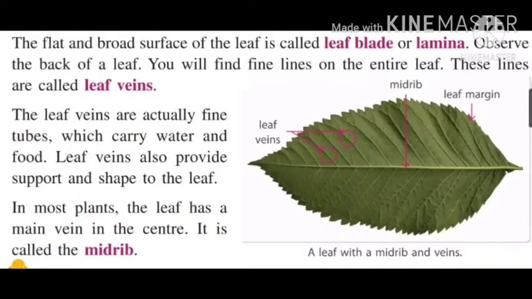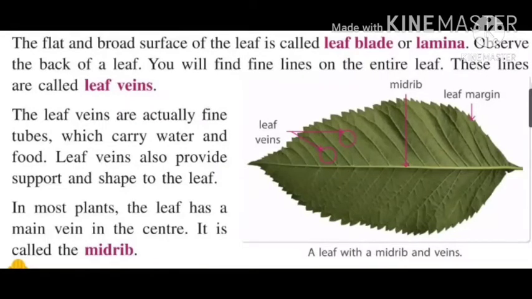Now let's talk about the structure of a leaf. The flat and broad surface of the leaf is called leaf blade or lamina. Observe the back of a leaf. You will find fine lines on the entire leaf. These lines are called leaf veins.